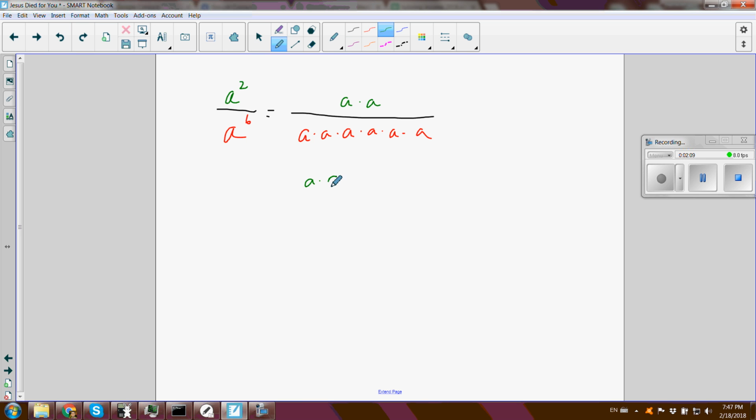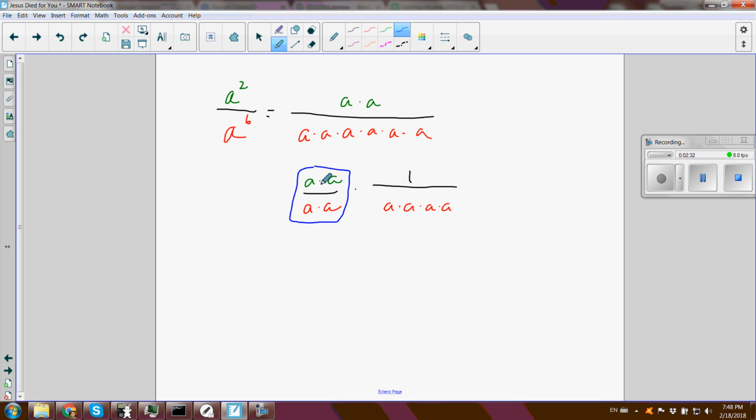We have the a times a over a red a times a being multiplied by, but see the other 4 a's, they end up in the denominator. So this again equals 1.